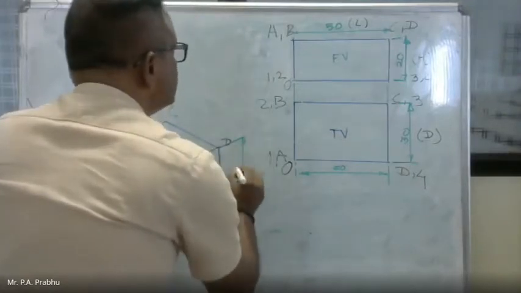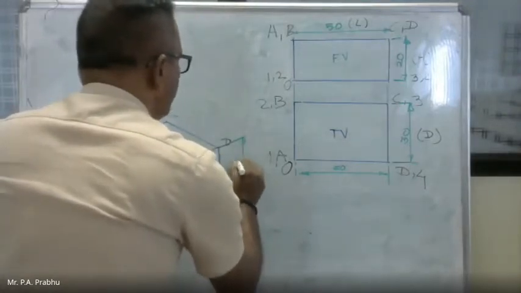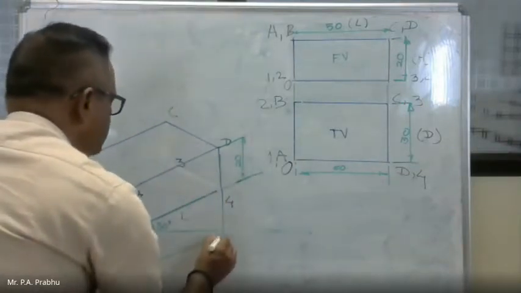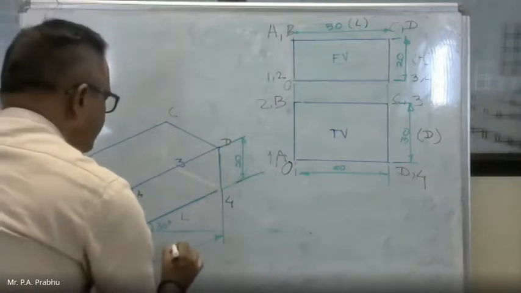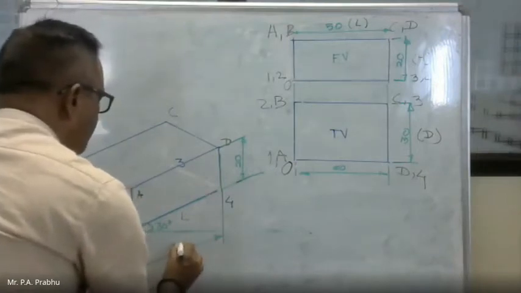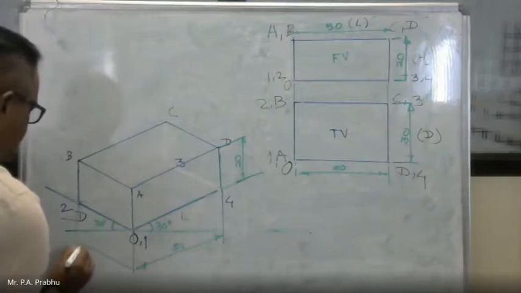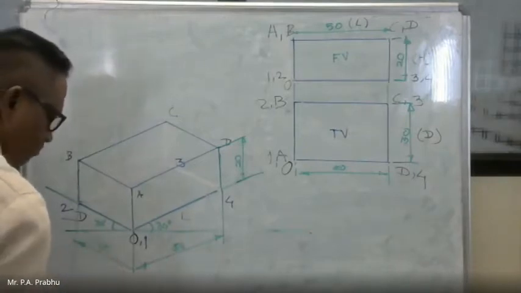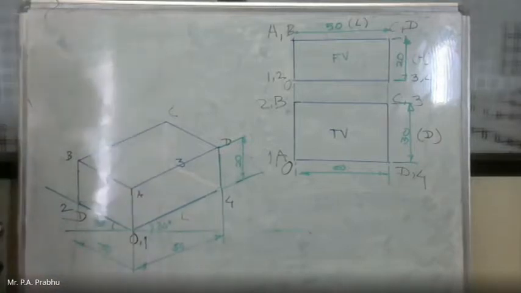So height 20 mm, length 50 mm, and depth is 30 mm. Show only 3 dimensions.